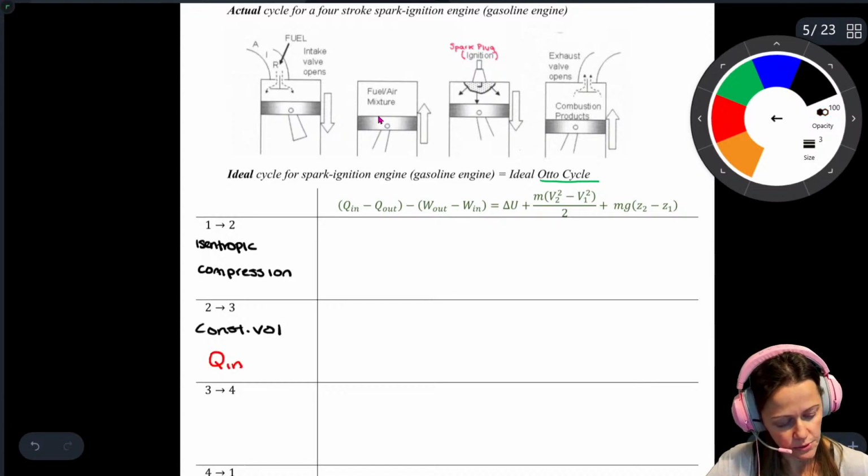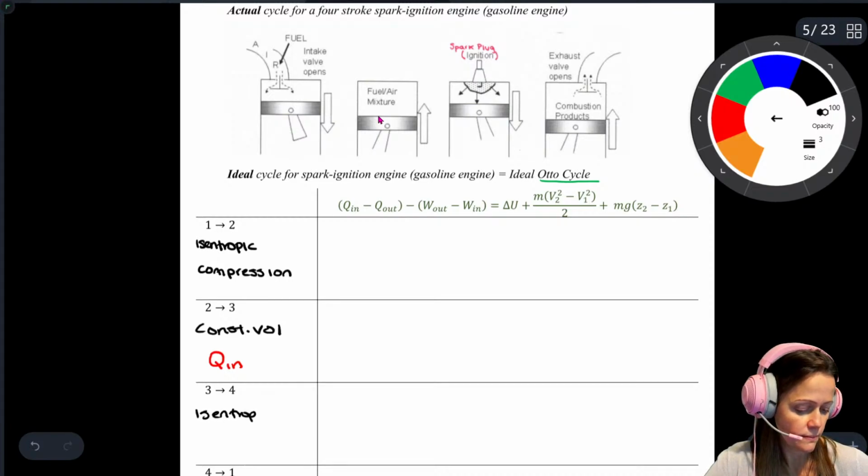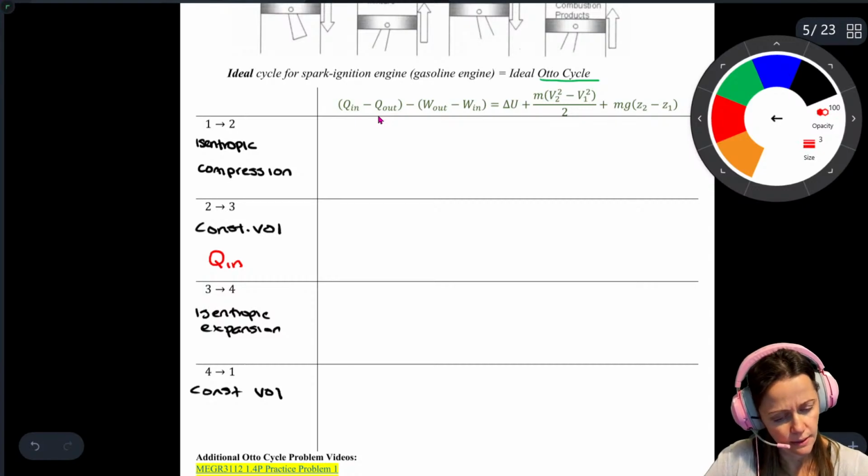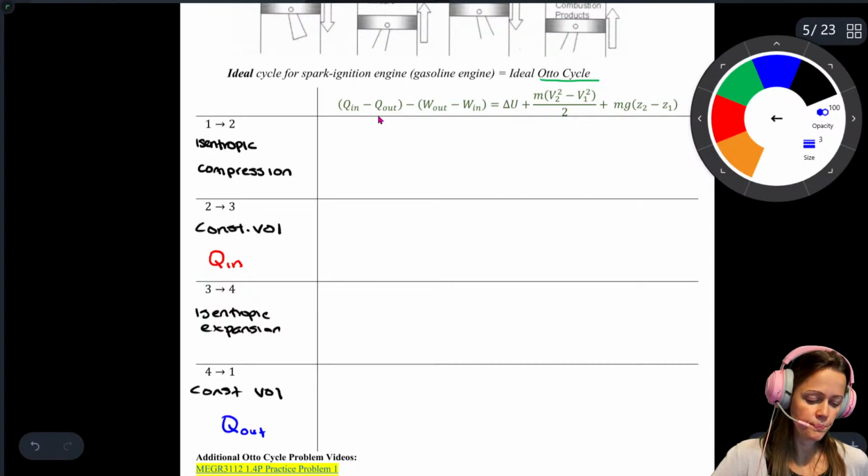And then we also have isentropic expansion, and then we also have a constant volume heat rejection. I'll put it as blue, Q out.